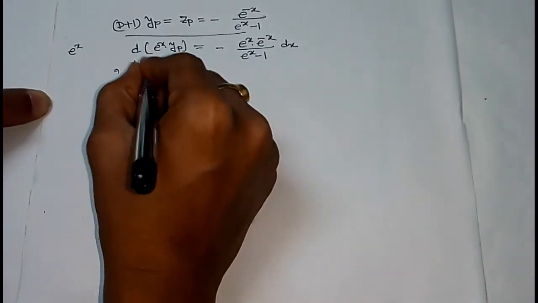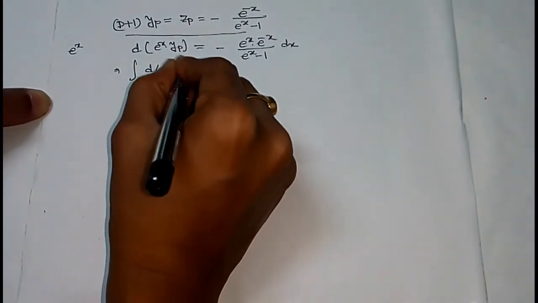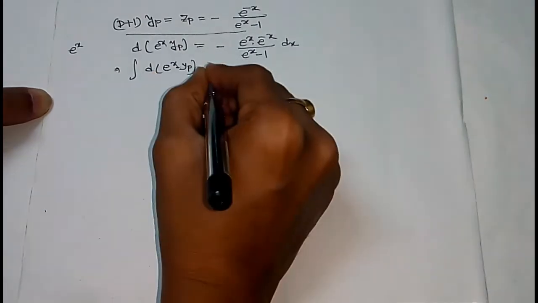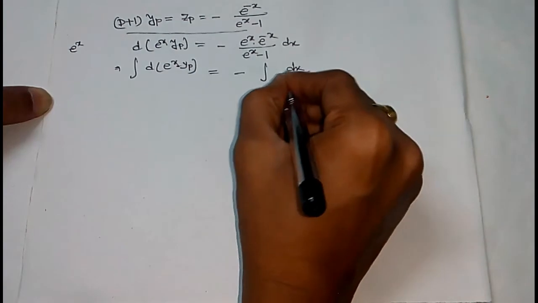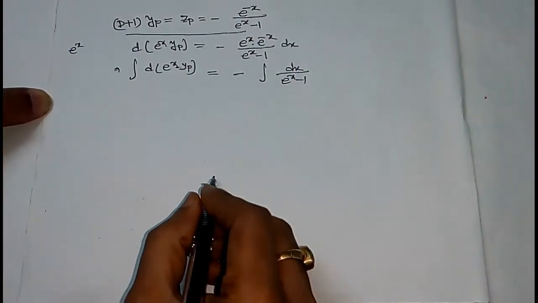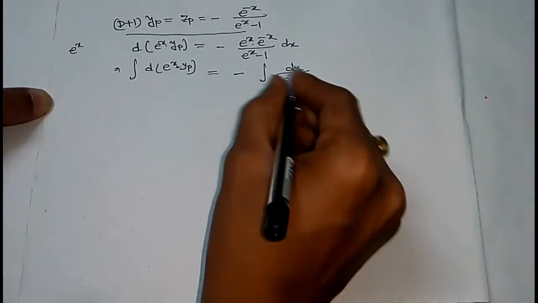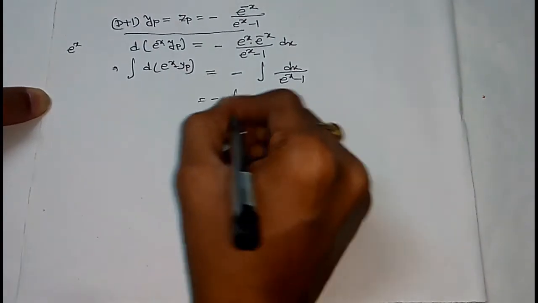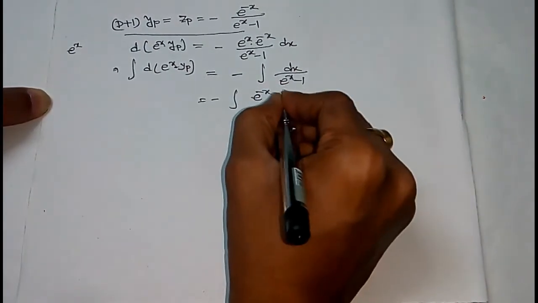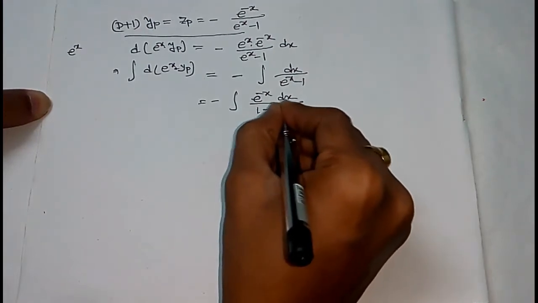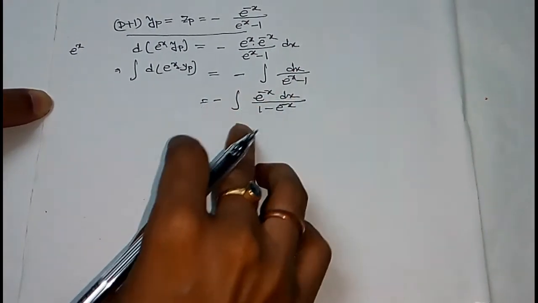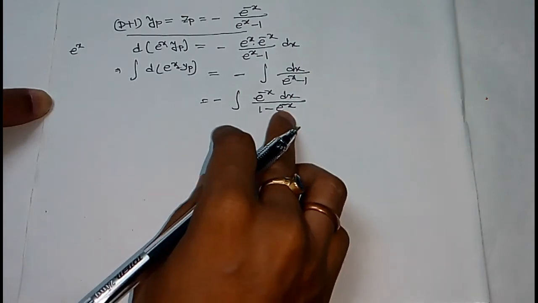Next we shall integrate this equation. It becomes equal to minus the integral of dx by (e to the power x minus 1). To integrate this function, we multiply both the numerator and denominator by e to the power minus x, so that it becomes e to the power minus x by (1 minus e to the power minus x).